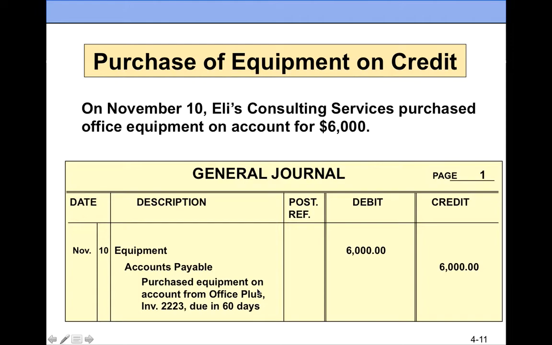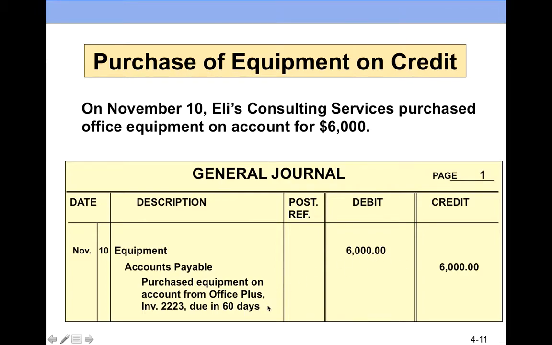So here we purchased equipment on account for 6,000, debit equipment, credit AP, write the description, there's the source document, invoice number, and then if it's an electronic system, the actual accountant or an auditor can click on this invoice and see, was it indeed an invoice from Office Plus due in 60 days, and was it for $6,000?